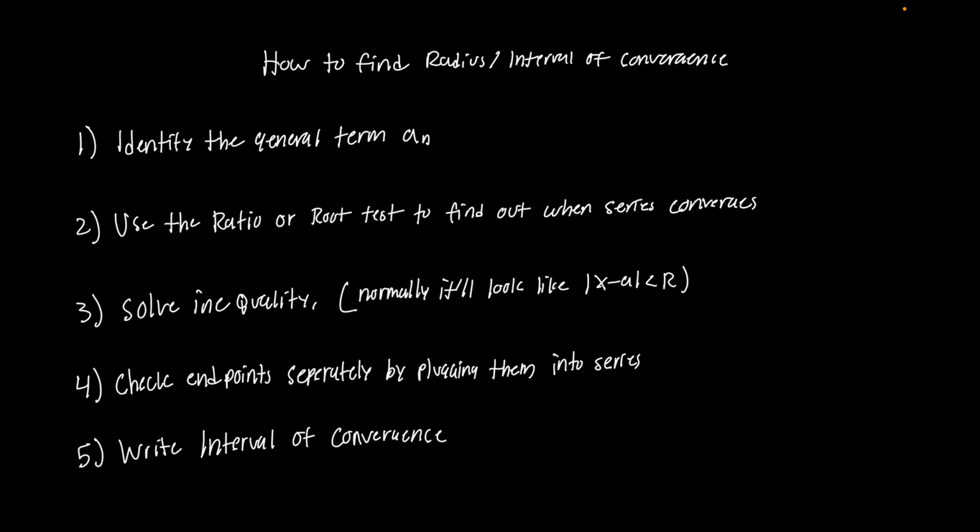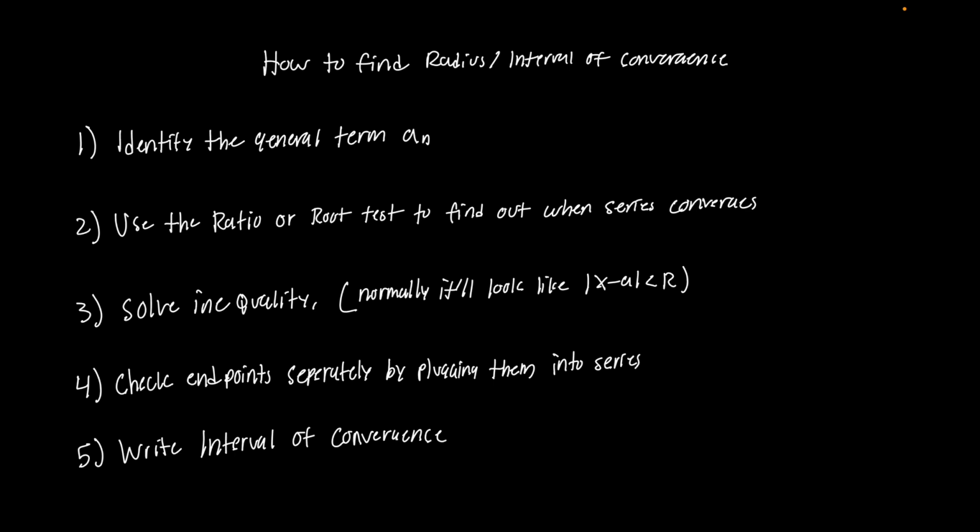That gives you the radius and the open interval. Then you plug each endpoint in separately into the series to test if they're included or not. And then there's also a step 6: you write the final interval.